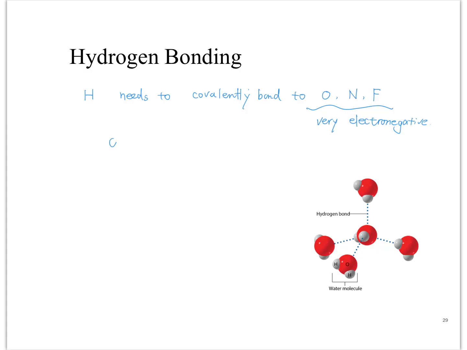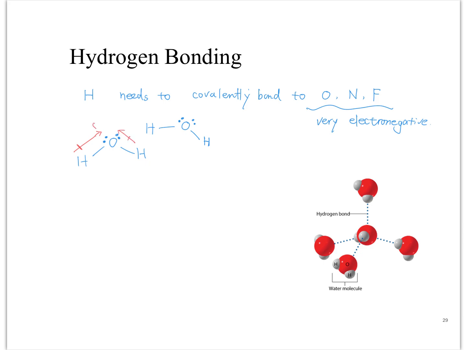For example, if we have this water molecule right here, and this molecule is already polar, and we have another one right here, I'm going to examine what hydrogen bonding is. First of all, hydrogen is on oxygen, and oxygen compared to hydrogen is very, very electronegative, meaning it's going to pull the electron in the covalent bond towards itself a lot.